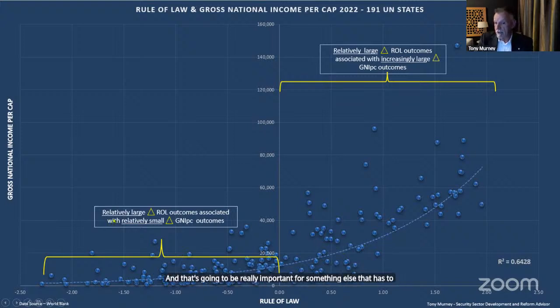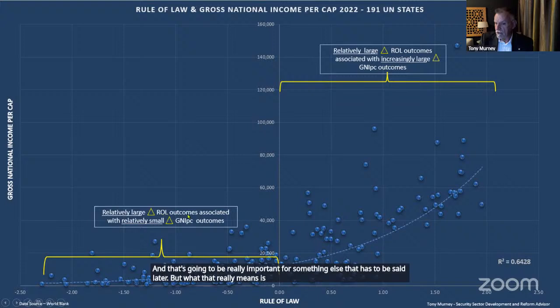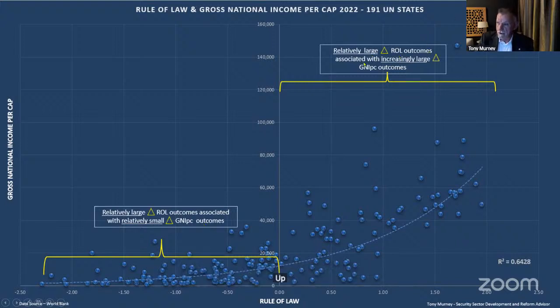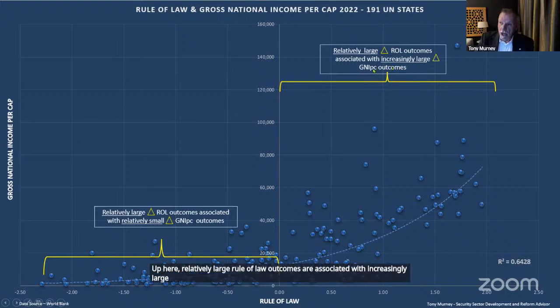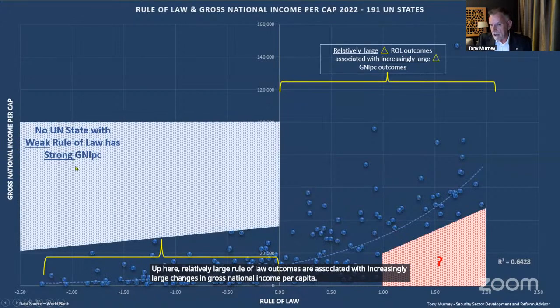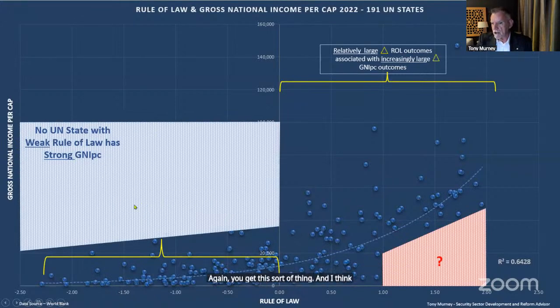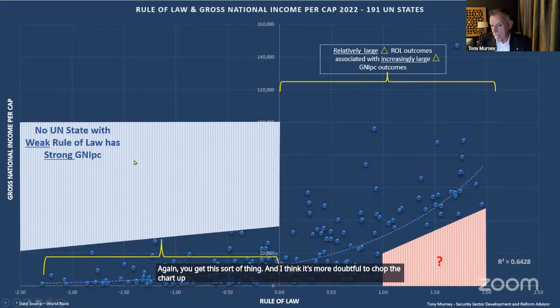But what that really means is relatively large changes in rule of law outcomes are associated with relatively small changes in gross national income per capita. Up here, relatively large rule of law outcomes are associated with increasingly large changes in gross national income per capita. Again, you get this sort of thing, and I think it's more doubtful to chop the chart up this way, but I threw it in as something for people to consider themselves.